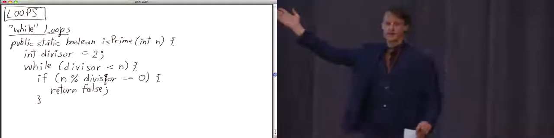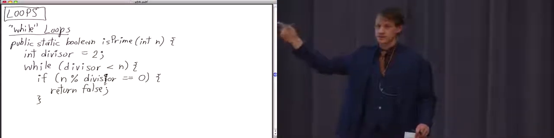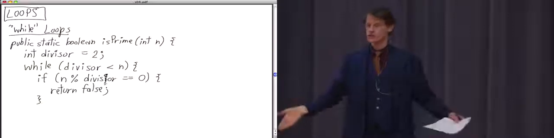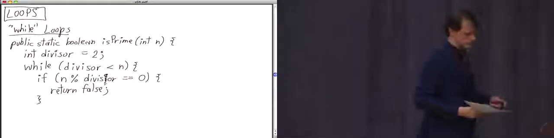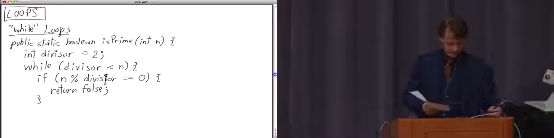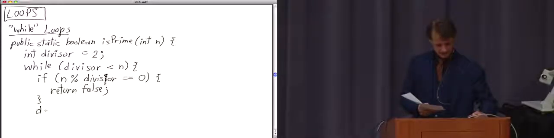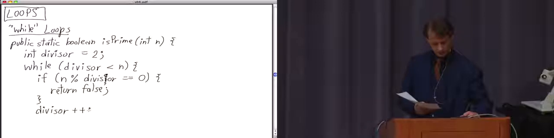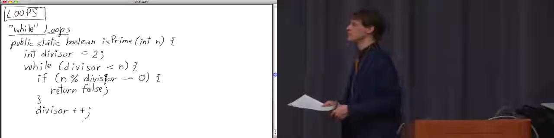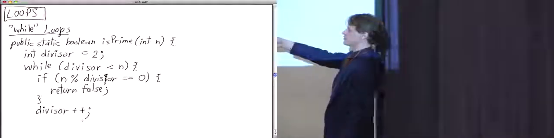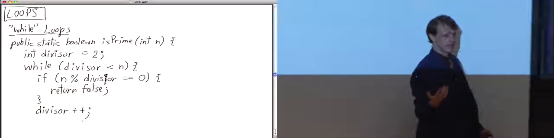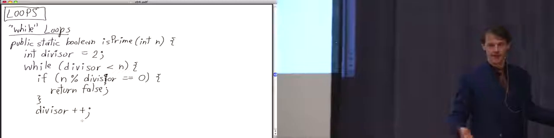In which case we immediately return false. There's no need to keep looping and testing other divisors once you find one. But if it's not divisible by divisor, then we're going to increment divisor, make it 1 larger. So remember, that's the same as saying divisor equals divisor plus 1. And then we're going to try again with a bigger divisor and see if n is divisible by that number.